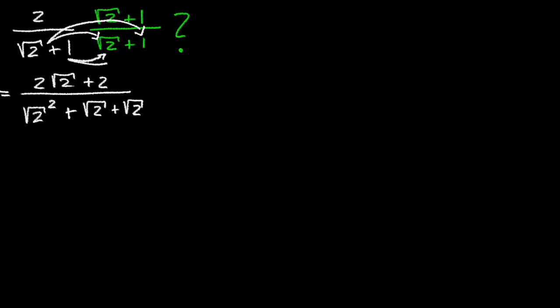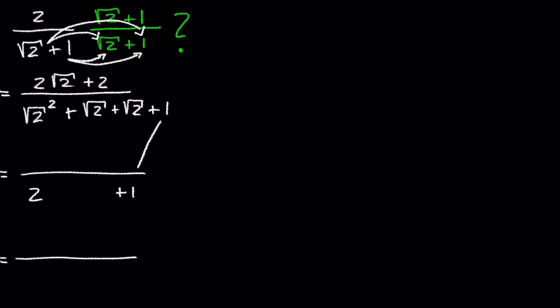Plus 1. The square root of 2 times the square root of 2 is 2. Which is good for us because we eliminated the square root. The 1 is also okay. Because it's a rational number.